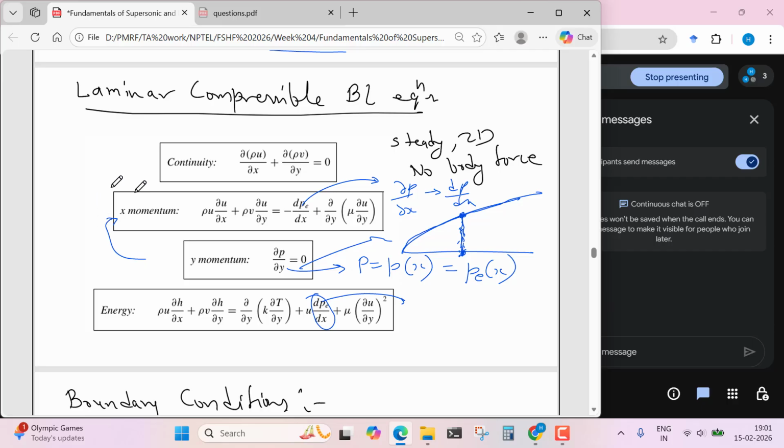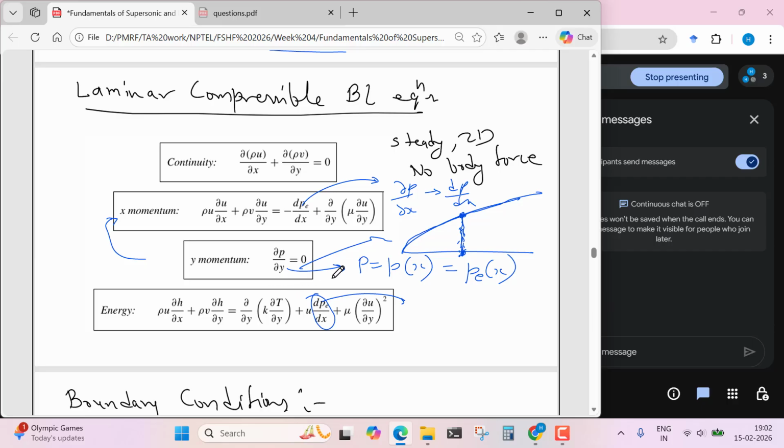The x momentum equation is given by rho u dou u by dou x plus rho v dou u by dou y equal to minus dp upon dx plus dou y of mu dou u by dou y. The y momentum is given by dou p upon dou y equal to 0.